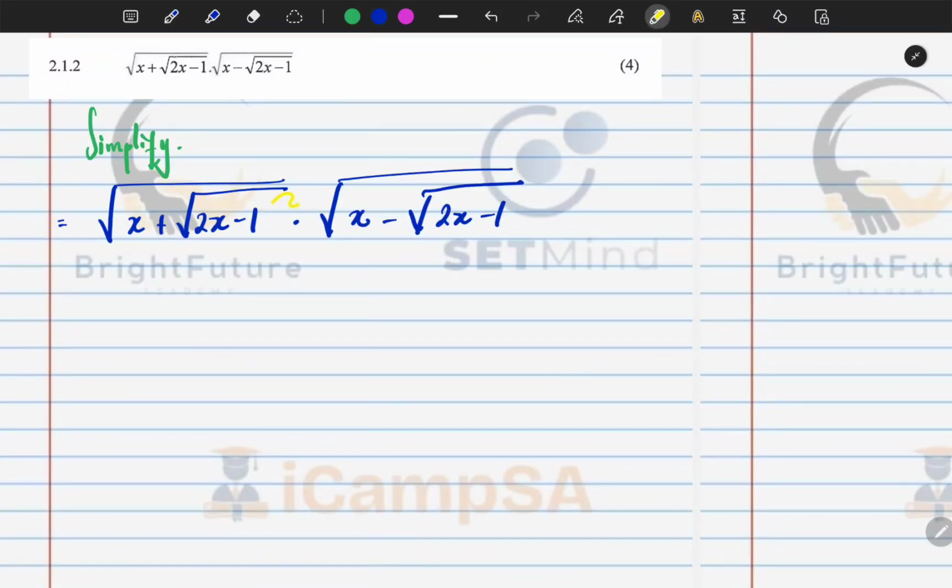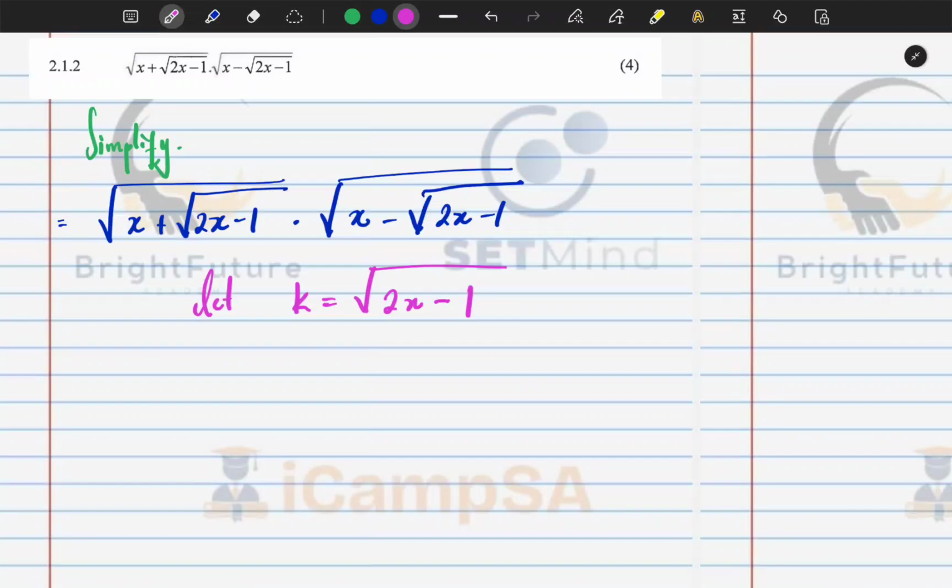As I've already indicated, this and that is common, so I'm going to use the K method. I'm going to let K be equal to the root of 2x minus 1.